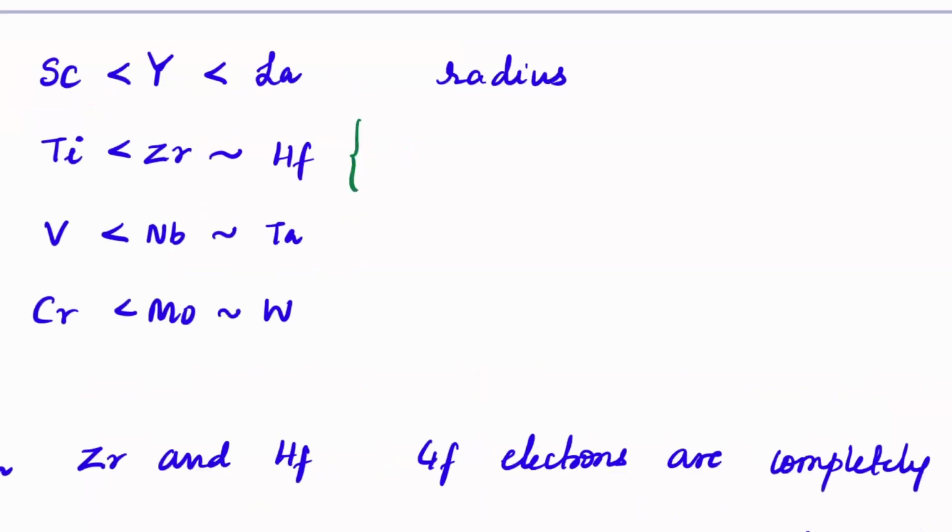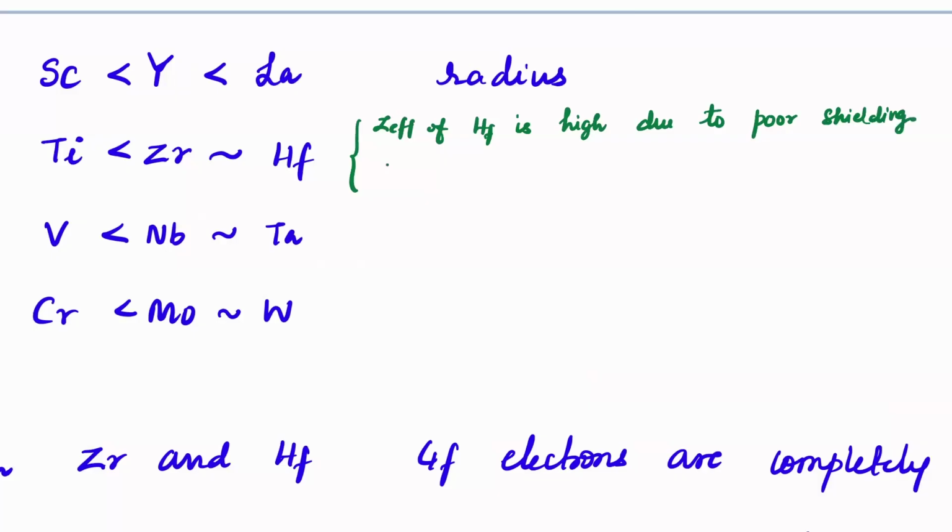Let me write on that. Z effective of hafnium is high due to poor shielding of f electrons to the outermost electron.